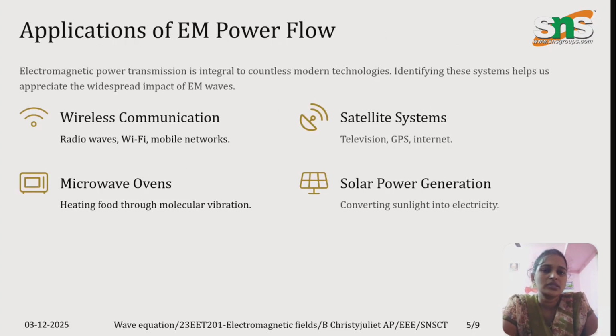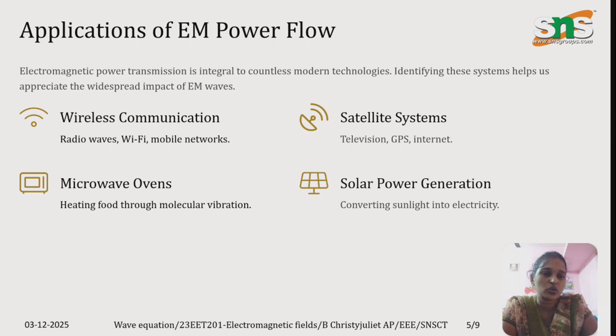Now, how is this electromagnetic power transmission used in modern technologies? We can identify these with the help of these examples. Electromagnetic power flow is used in wireless communications like radio waves, Wi-Fi, and mobile networks. Then satellite communications, GPS, internet, and televisions use electromagnetic power transmission. Then microwave ovens heat food through molecular vibrations.